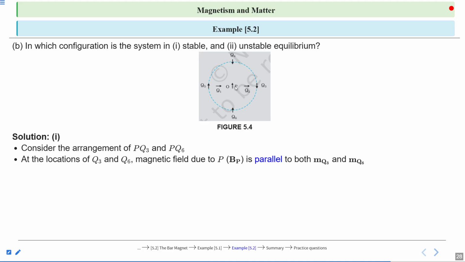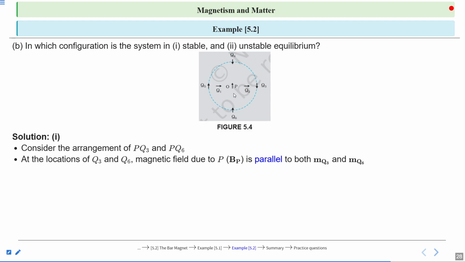Q3 is on the equatorial line for this magnetic needle P, so the equatorial magnetic field due to P at Q3 will be opposite to the magnetic moment of P, which means in the direction of Q3. That means the magnetic field is parallel to Q3 and also parallel to Q6.